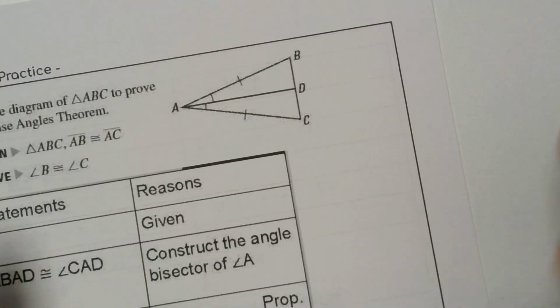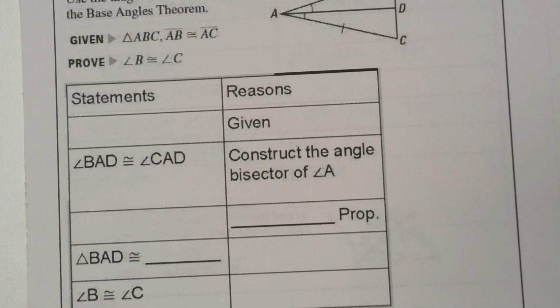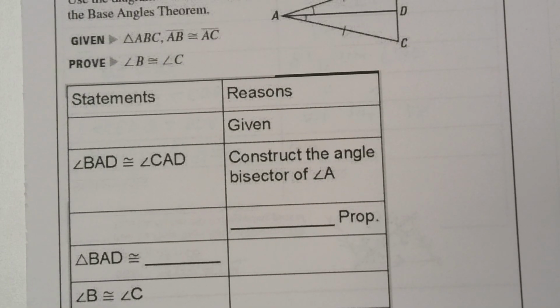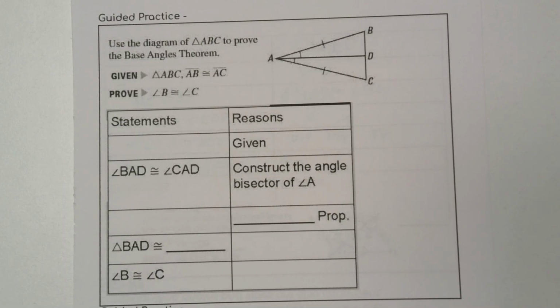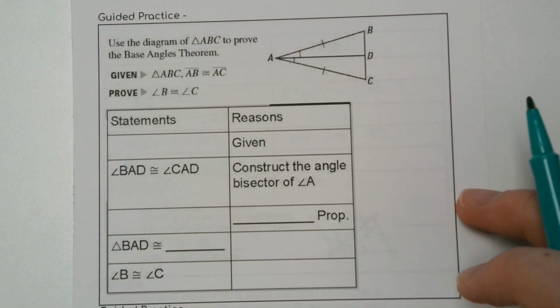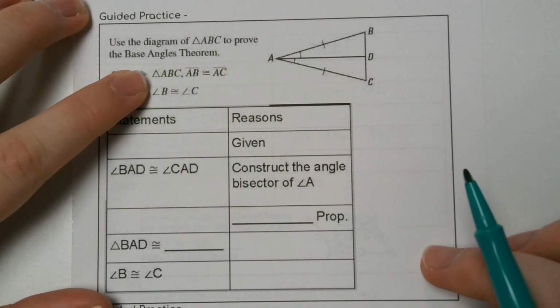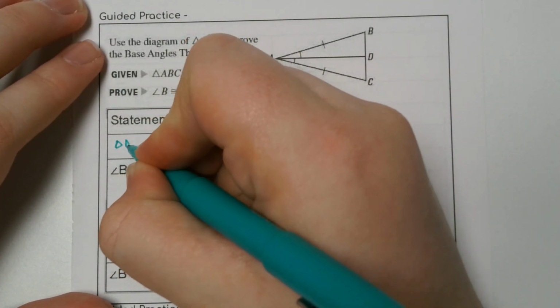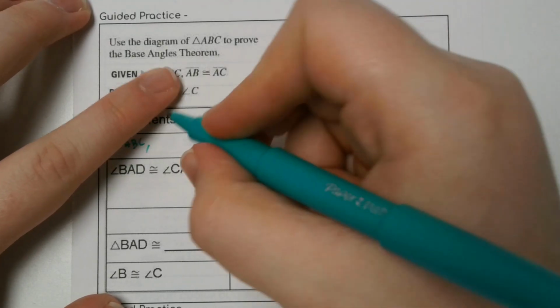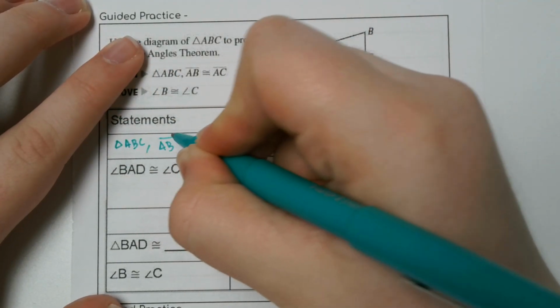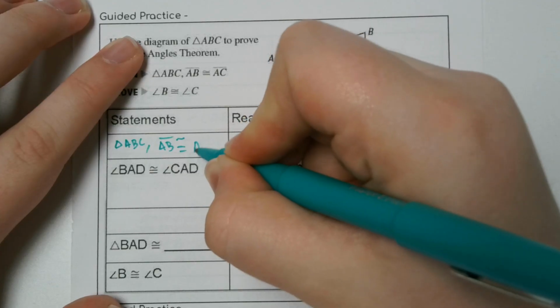All right. So let's go on to the next one. We'll do this one together and then I'll have you do the last one on your own and try it out. All right, so it says given ABC is a triangle, okay, that's triangle ABC, and side AB is congruent to side AC.